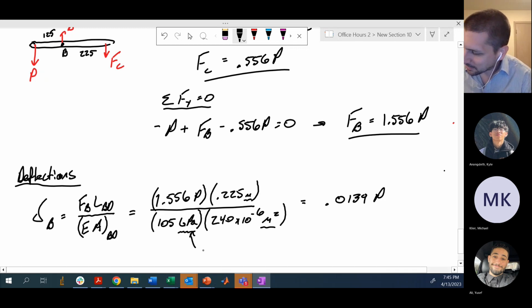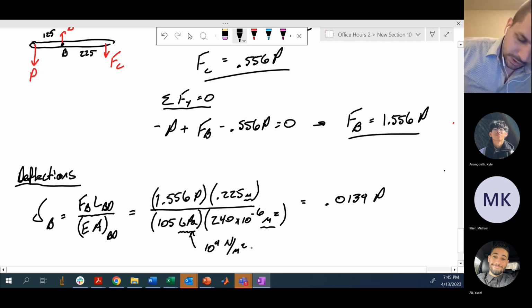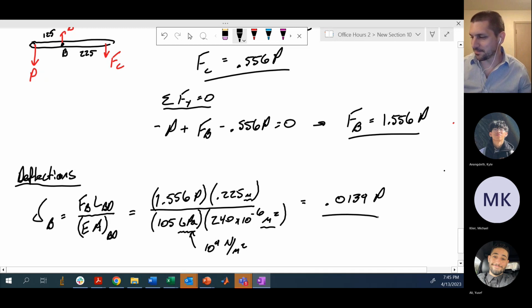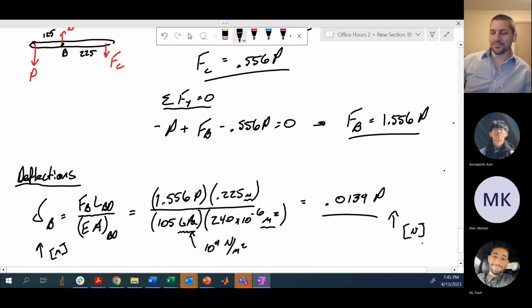Remember that this is going to be something like 10 to the 9th newtons per meter squared. So maybe you want to write this leading coefficient in such a way that your deflection will be in meters and your load here will be in newtons. Sure, go about doing that.